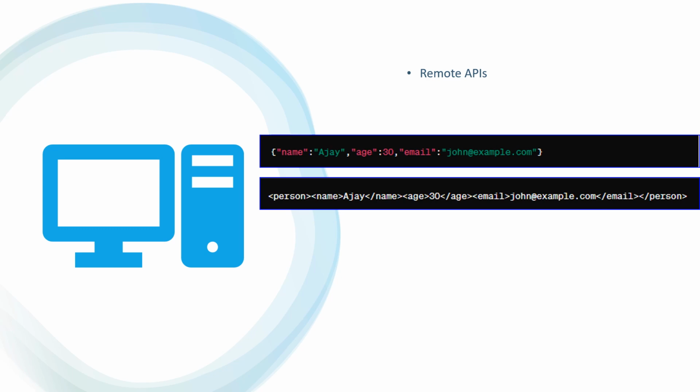While all RESTful APIs are web APIs, not all web APIs follow the REST architecture. REST APIs typically use JSON or XML as the data interchange format. So if you see, this is your JSON format and this is your XML format.